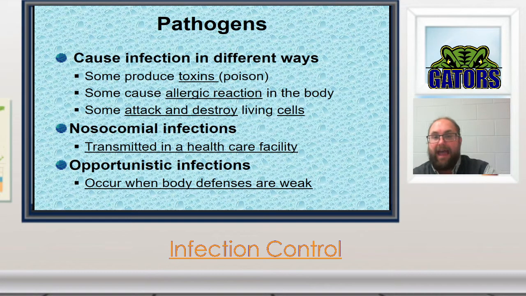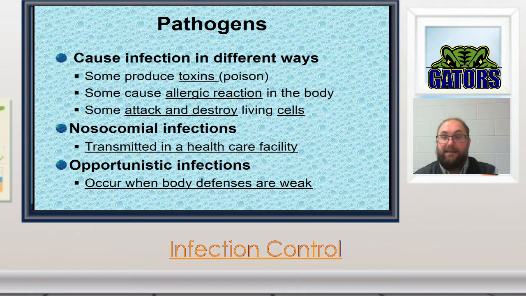So pathogens cause infections in a lot of different ways. Some pathogens produce poisons. The bacteria are examples of the poison type of pathogen. They grow in the body and their waste is toxic to us. And so our body tries to fight against it. Some cause allergic reactions, like fungi.